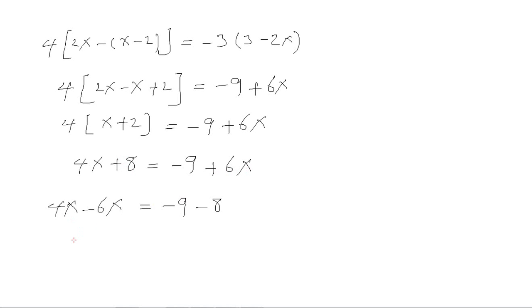Now here I get minus 2x equals minus 17. My next step would be to divide both sides of the equation by negative 2 to get rid of the coefficient, and I'm left with x equals 17 over 2 because the negatives cancel each other.